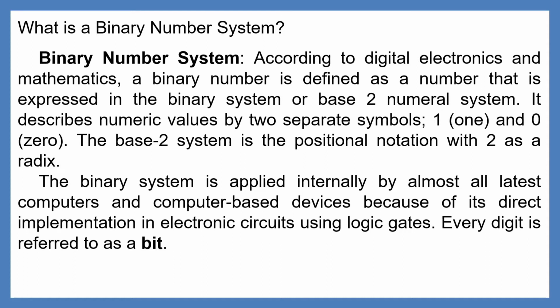So every digit is referred to as a bit. Since in the decimal number system, every figure we call a digit, while in the binary number system, every figure we call a bit.